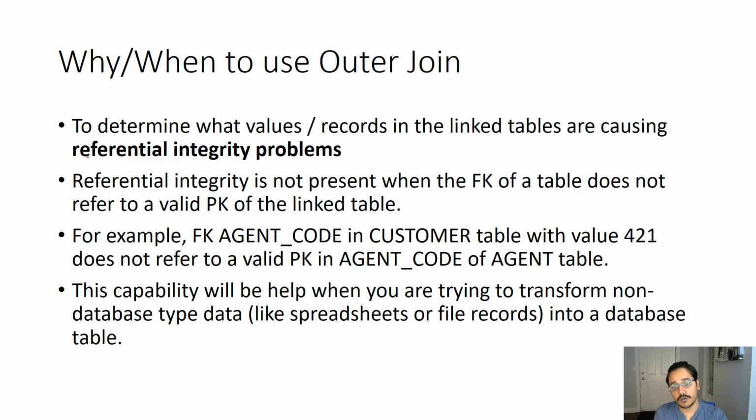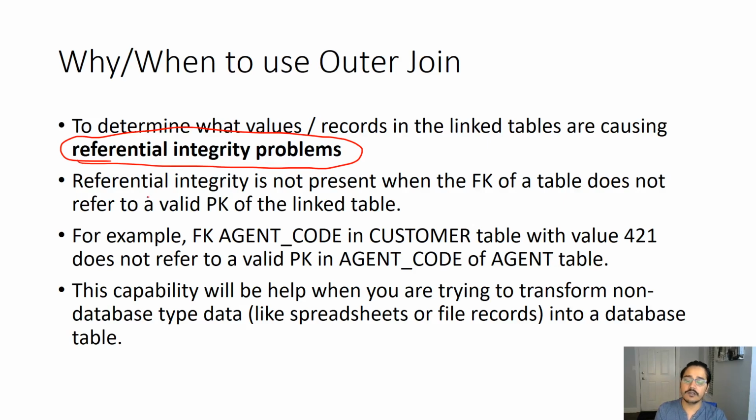So the most important reason why outer join exists is to validate that referential integrity is preserved, that all the foreign keys are either referring to a valid primary key or they are null.